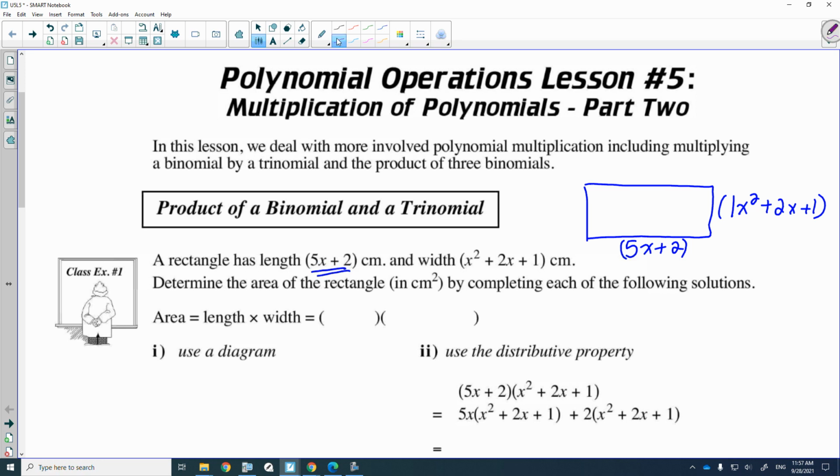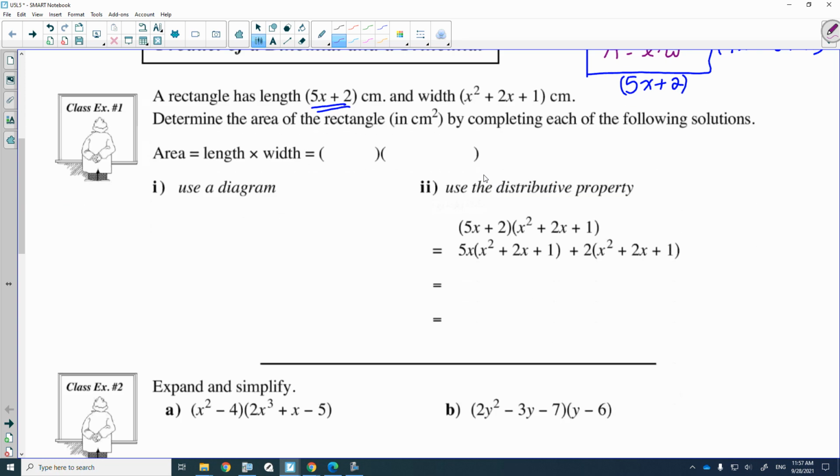So we know that area is equal to length times width. And how we're going to find this is we're going to multiply this binomial by the trinomial. So let's write area equals, and write down your binomial, which is 5x plus 2.